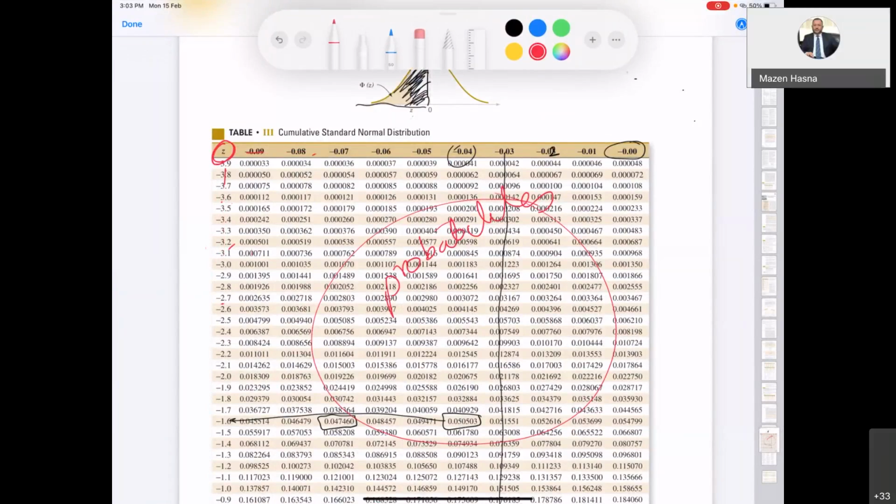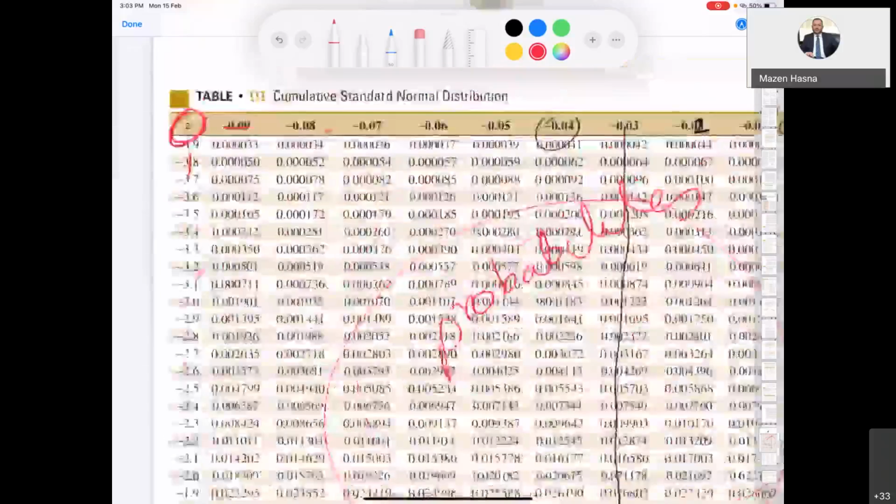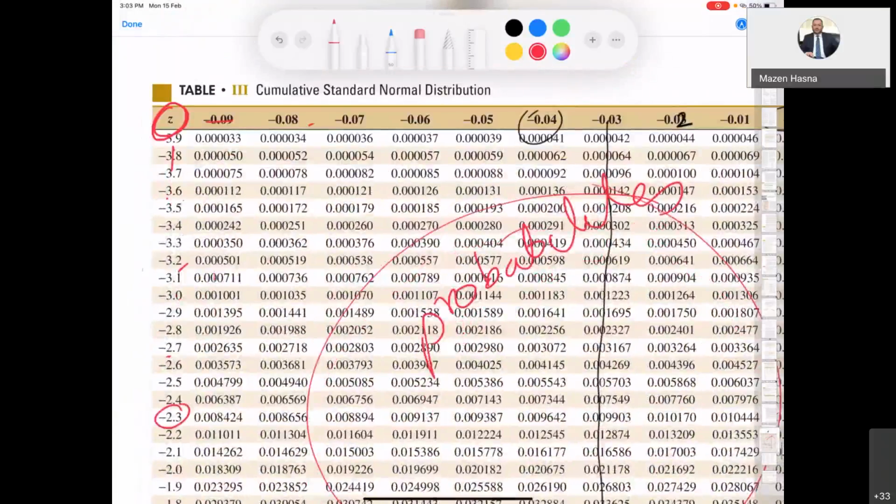Okay, so we said minus 2.35. So you go to minus 2.3. Can you see this is minus 2.3? And then at the top you go to 5.